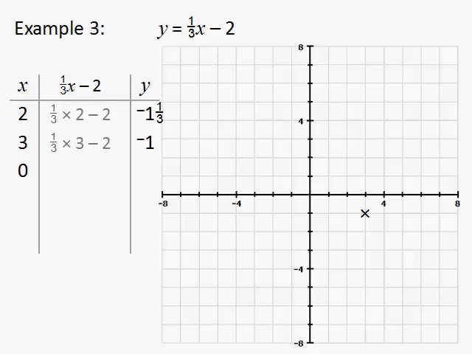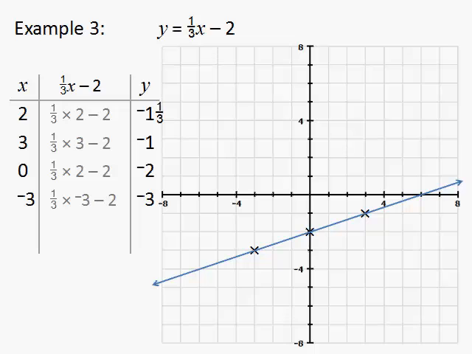We can take 0 again, that yields minus 2, and we can take a third of minus 3, minus 2, and that is minus 3, and we have our straight line. You'll notice that the point that we did have for 2 is on that line, but it's much easier to plot the line correctly if you use the denominator of the fraction to your advantage.